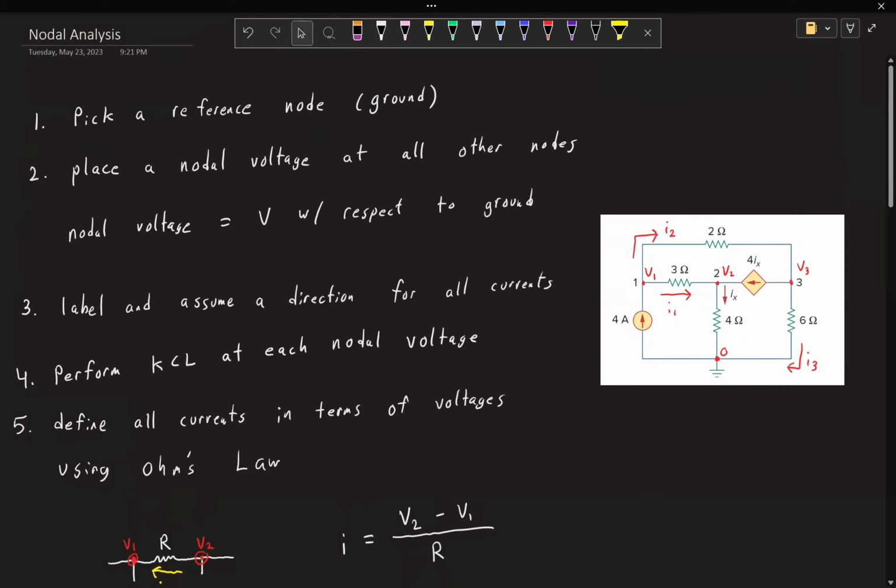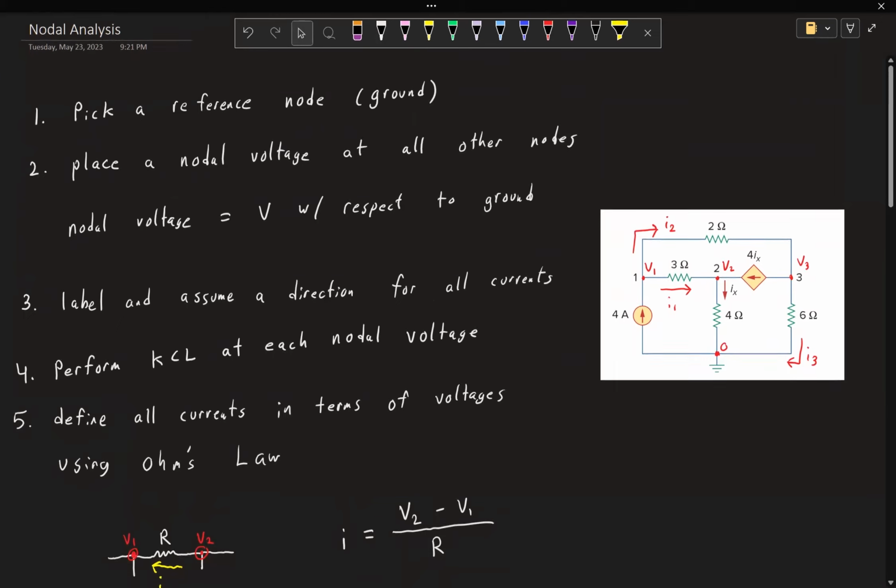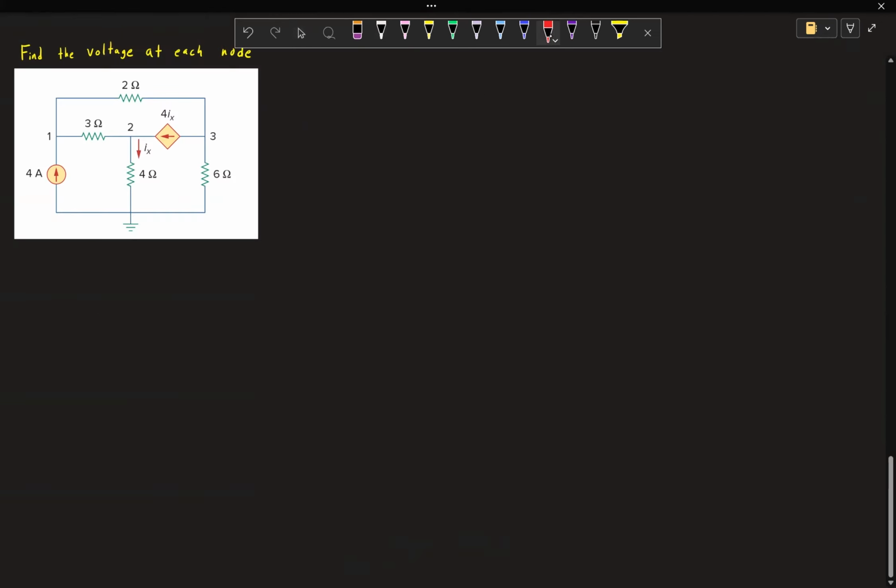So now that we have all of these rules in place, let's continue this example. We already decided that this is V1, this is V2, this is V3, and then we chose the currents to be I1, I2, and I3.